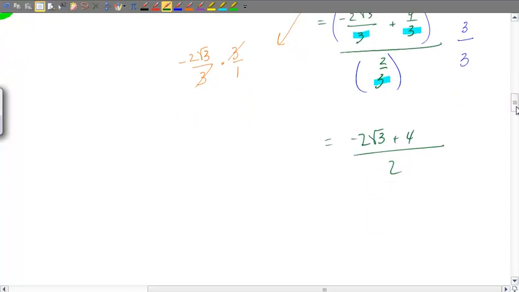And again, I can reduce this fraction because this 2 divides into that 2, and this same 2 divides into that 4. As long as the same number divides into both of the top numbers, then I can reduce this, and this becomes negative square root of 3 plus 2.